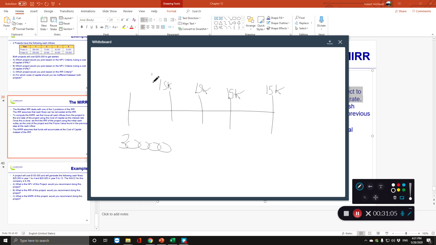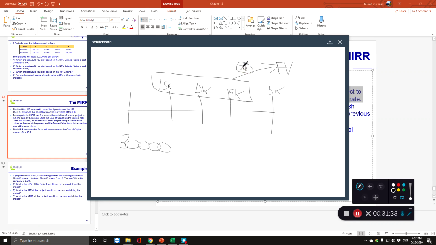What we would do is take these 15,000 and move them here, find their FV by using annuities. The interest rate we would use to move these 15,000 forward would be our cost of capital. Basically, the IRR assumes that we can move these cash flows forward at the IRR as a rate of return.